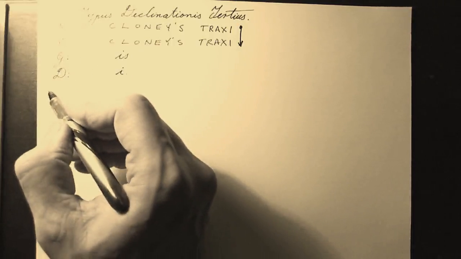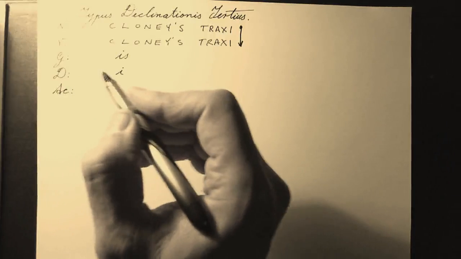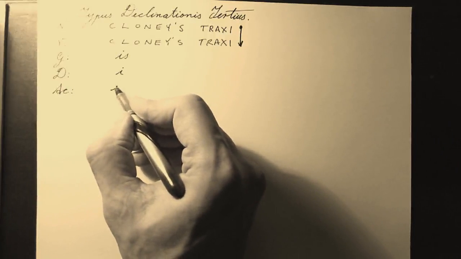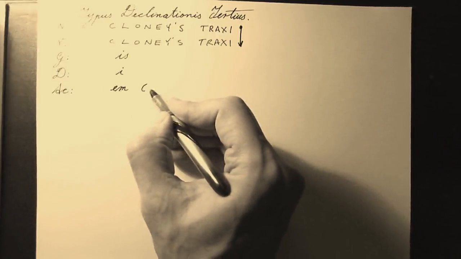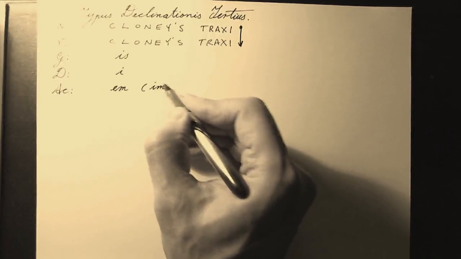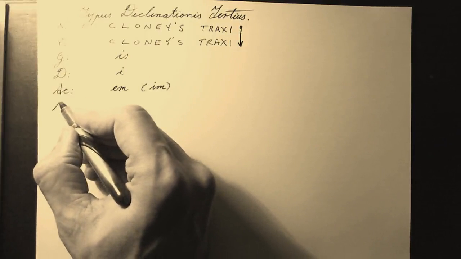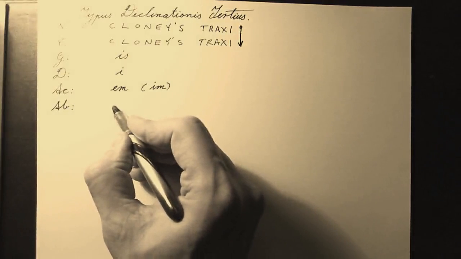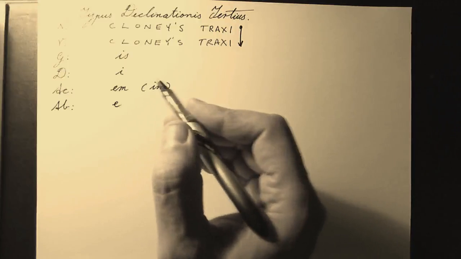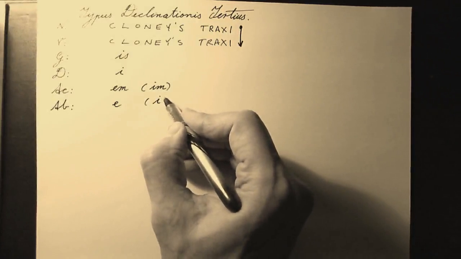And the accusativo, with the accusative, they generally end in m, but there is a subcategory that ends in im. And ablativo, with the ablative, generally end in e, but there is a subcategory that ends in i.